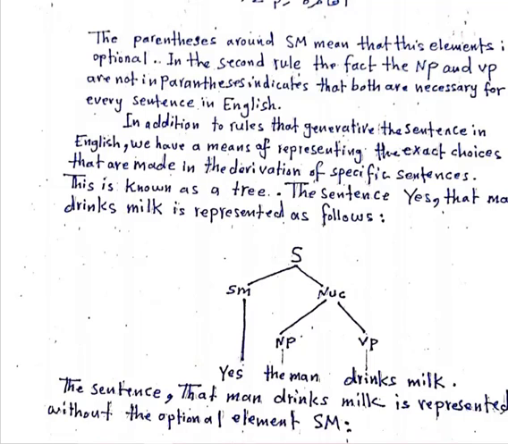In the second rule, the fact that noun phrase and verb phrase are not in parentheses indicates that both are necessary for every sentence in English. What does it mean, this speech which we said? In the second rule, the fact that noun phrase and verb phrase are not in parentheses indicates that both are necessary for every sentence in English.